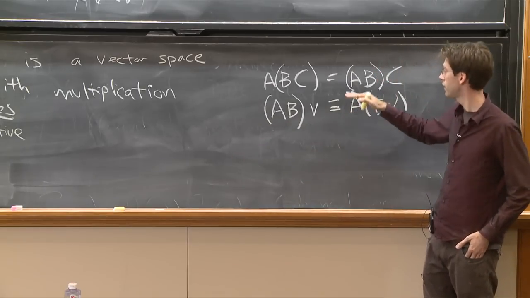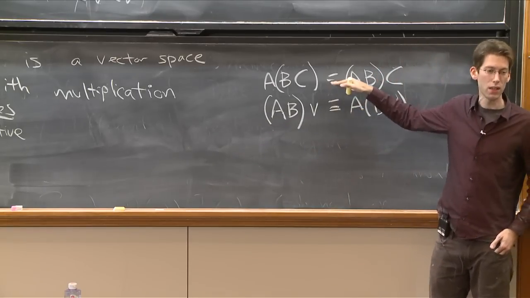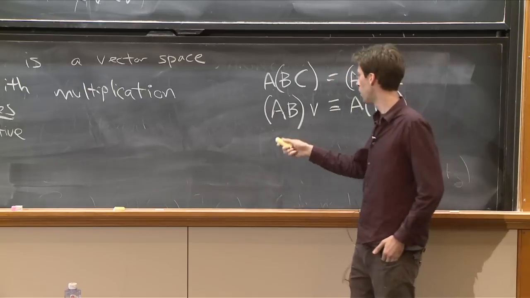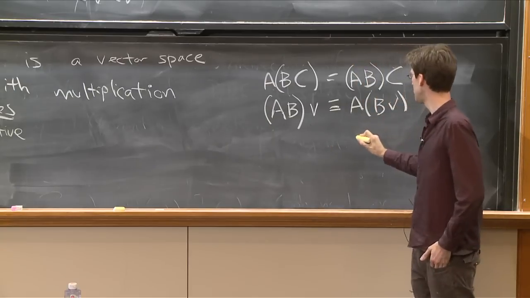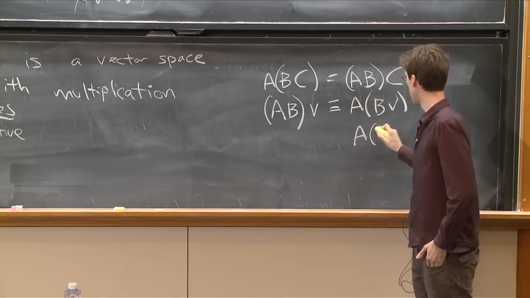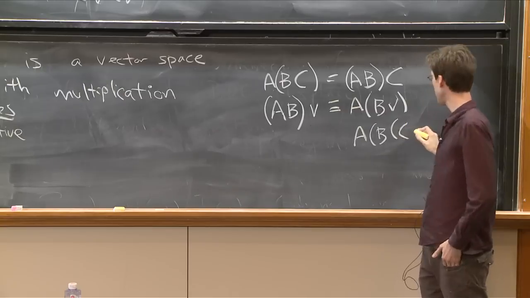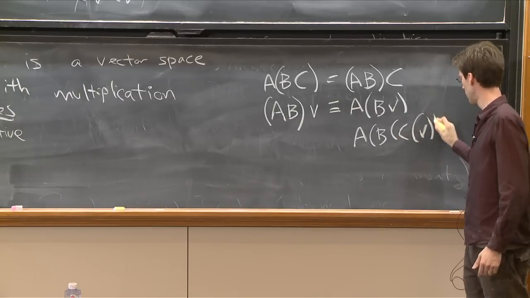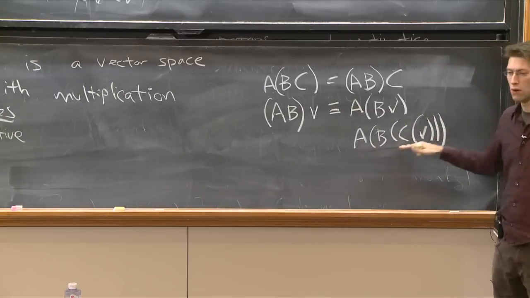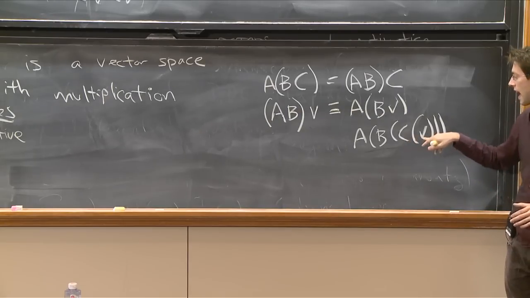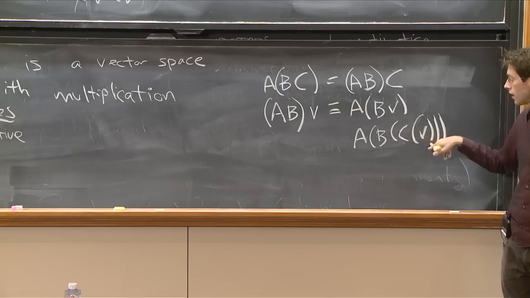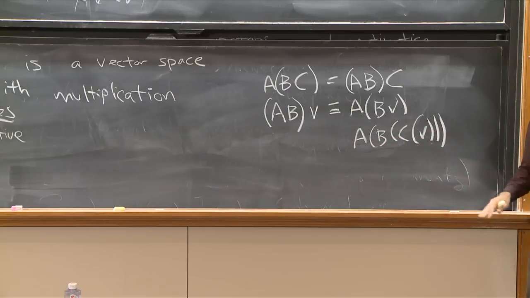And then from this, you can easily check the associativity property, that in both cases, however you write it out, you obtain A of B of C of V. I'm writing out all the parentheses just to emphasize that this is C acting on V, and then B acting on C of V, and then A acting on all of this.